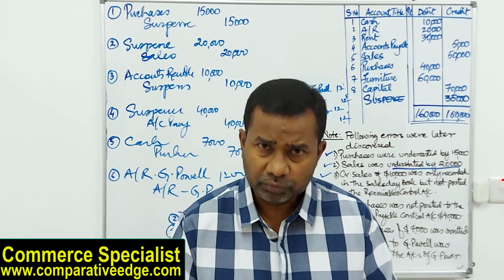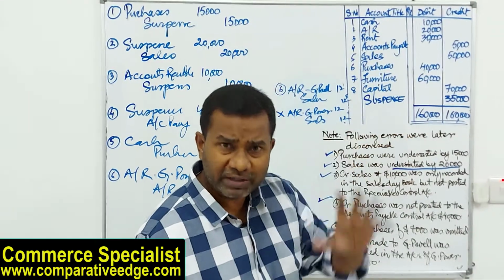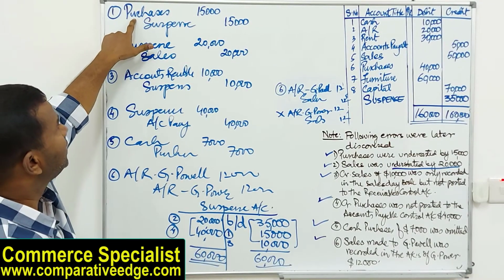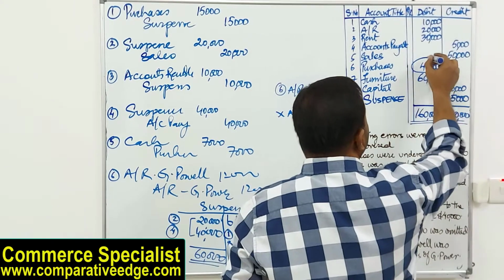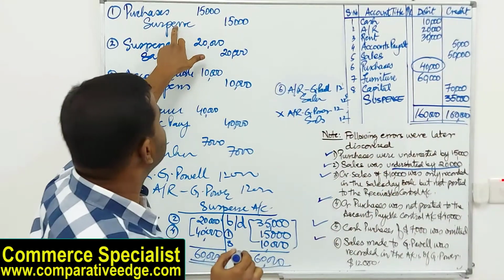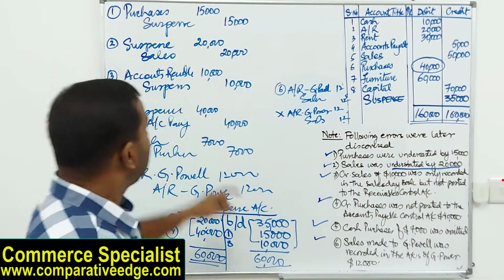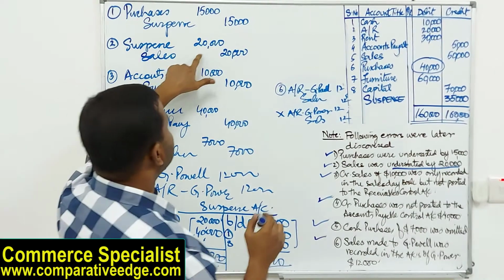Now what to do? You have to adjust the figures here. For example, look at the first entry. I debited purchases 15,000, so in purchases I'm going to add 15,000, and I credited suspense, so in suspense I will add 15. Likewise, in the second one, I debited suspense and credited sales.